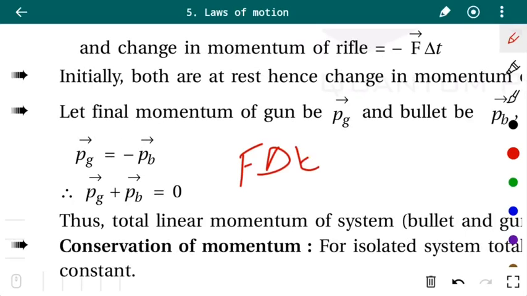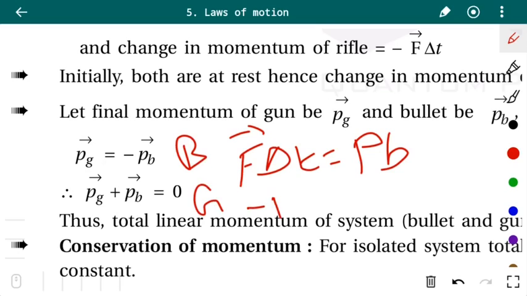Thus we can write that F delta t for the bullet equals Pb, and for the gun, minus F delta t equals Pg. Taking this minus sign to the other side, F delta t equals Pb and F delta t equals minus Pg.